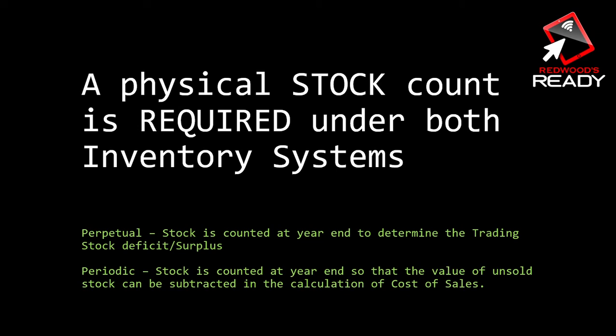In the perpetual system, the stock is counted at year end to determine the trading stock deficit or the surplus. And in the periodic system, stock is counted so that the value of unsold stock can be subtracted in the calculation of cost of sales. So the reason we do a stock count is for two different reasons. However, the stock is still counted in the same way.